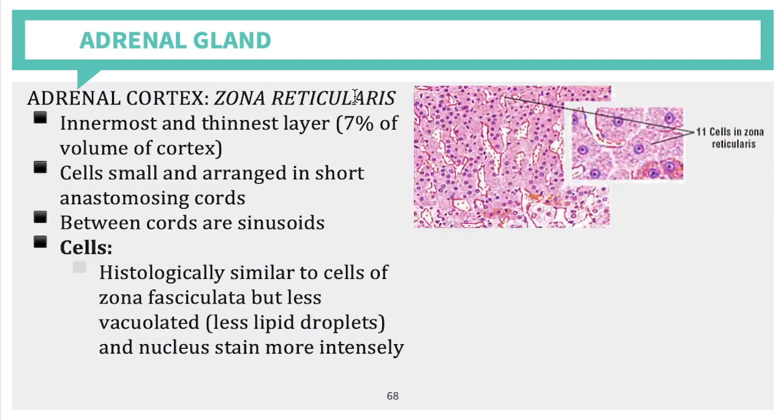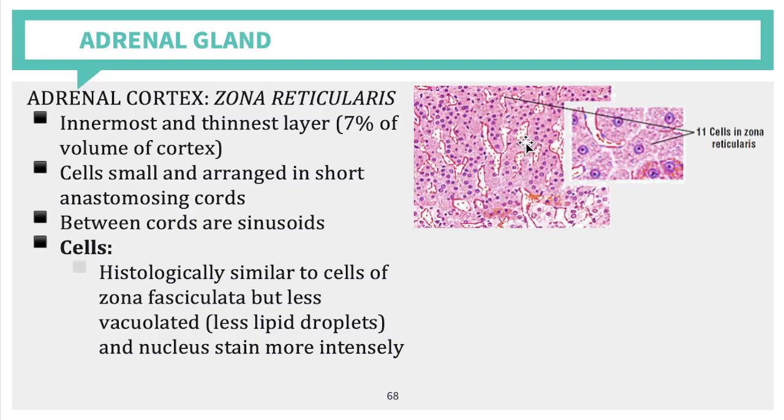Next, we have your zona reticularis. The zona reticularis is the innermost and the thinnest layer. Cells are small and arranged in short anastomosing cords. You notice they connect to each other, they anastomose, like branching. So since the cords are shorter and they anastomose, that's already a clue. That's your zona reticularis, okay?